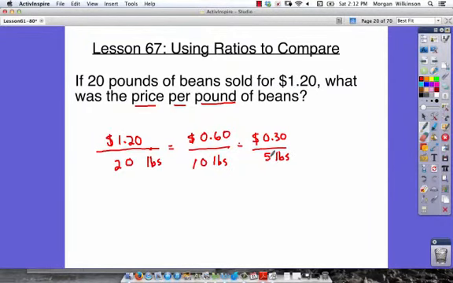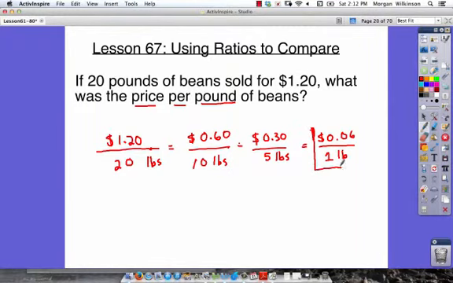And we know how many times 5 will go into 30, and just because it's cents doesn't make any difference. Well, 5 is going to go into 30 6 times, so what we're going to get is 6 cents per 1 pound. That was the price per pound of beans, 6 cents per 1 pound.